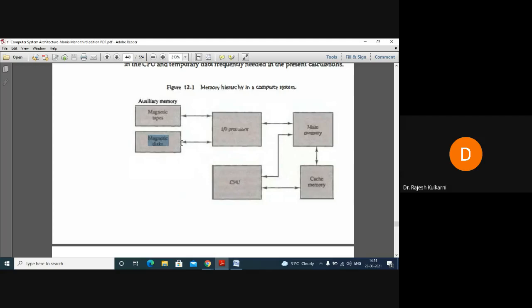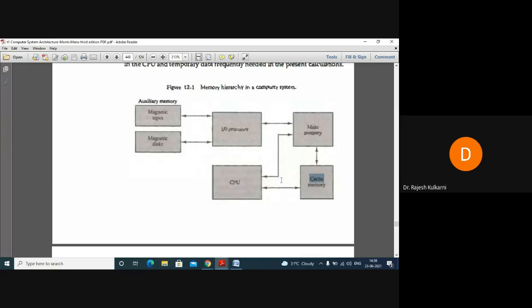What was supposed to be done? The program was supposed to be executed. Now from the hard disk, the program is brought into the RAM. From there, instead of directly going to the CPU, some part of the program will go to the cache memory, because cache memory is a small memory, fast memory, costly memory. So some part of the program and data will go to the cache memory.